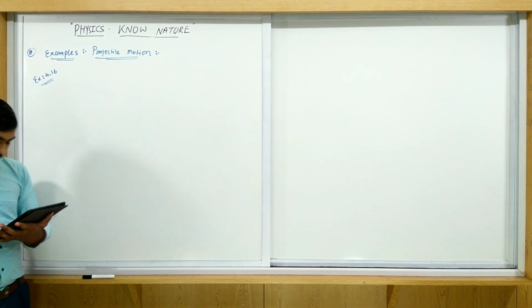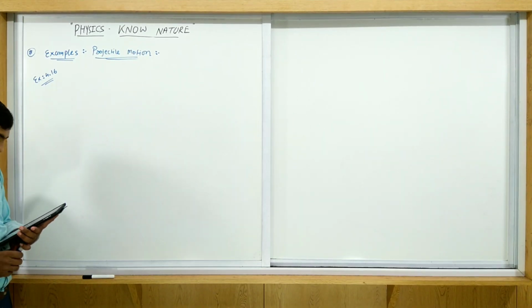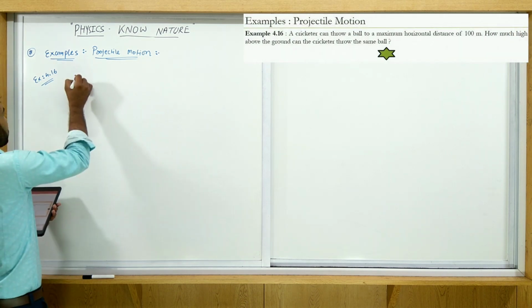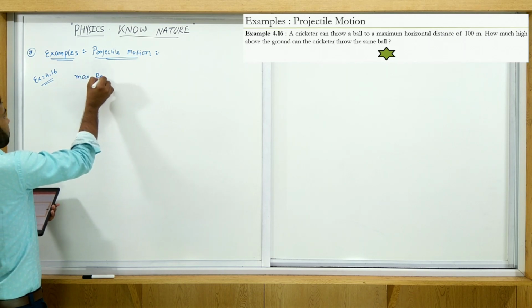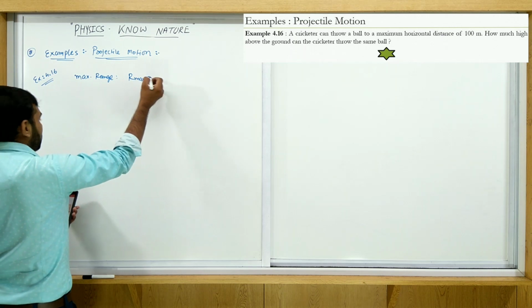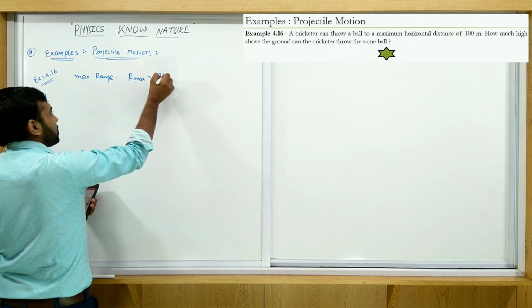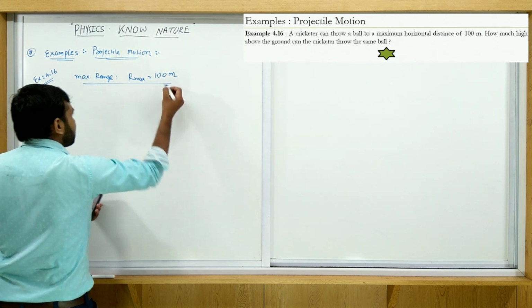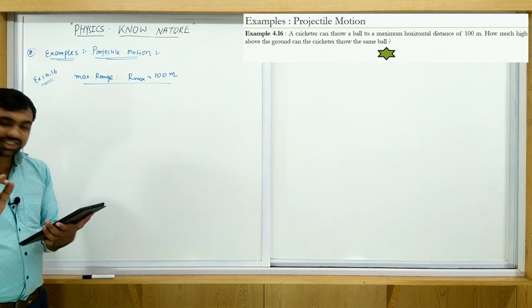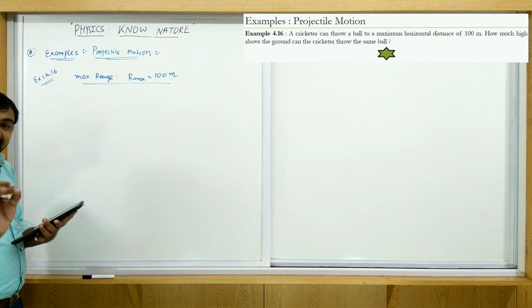Okay guys, example number 4.6 from the textbook. A cricketer can throw the ball the maximum horizontal distance. Maximum horizontal distance means what? Maximum range. So what is R max? So R max is given as 100 meter. That is a given data. How much high above the ground can the cricketer throw the same ball? मतलब यहाँ पे vertical direction होना चाहिए.